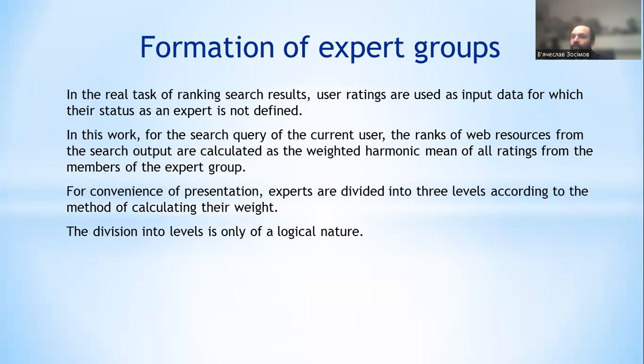For convenience of presentation, experts are divided into three levels according to the method of calculating their weight. The division into levels is only of a logical nature. The weight of experts is taken into account when ranking search results without additional coefficients.